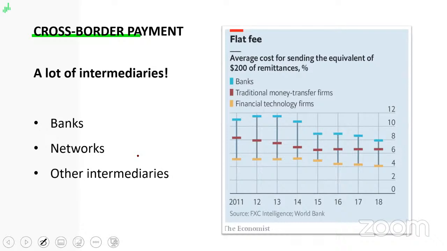And then you have a lot of other intermediaries. If you don't go through a bank and you work with a company like Western Union or other cross-border payment companies, there are a lot more intermediaries, and altogether those make it very slow and very costly.